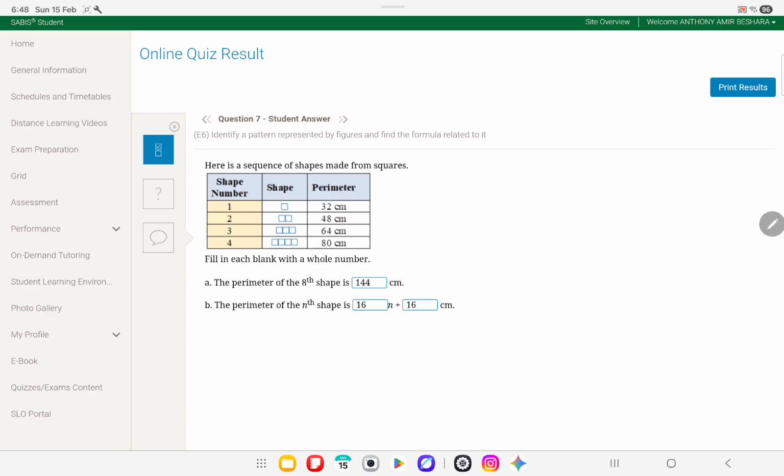Here, what we do is we take this as x and this as y, right? So we have x, y, and then we put the numbers.